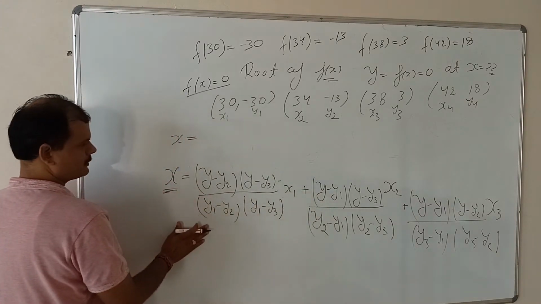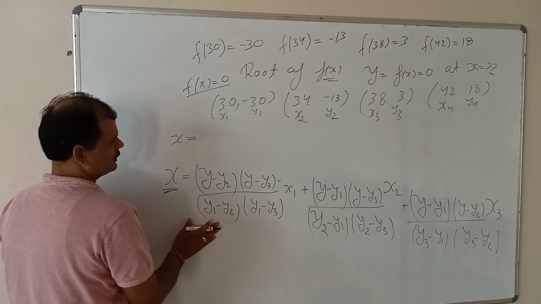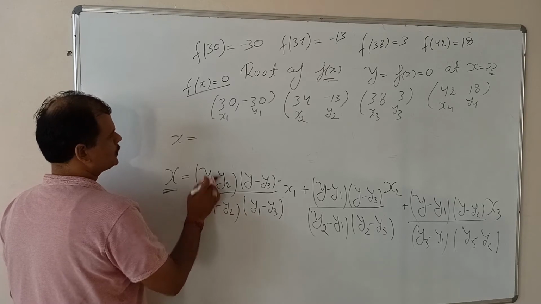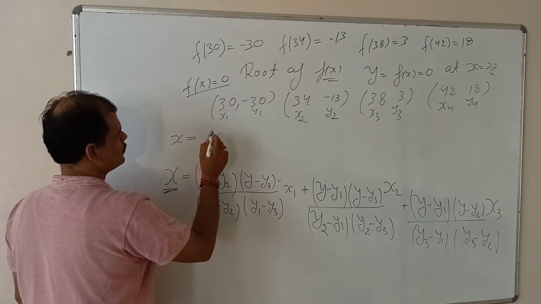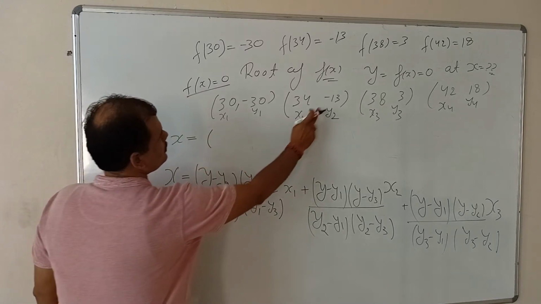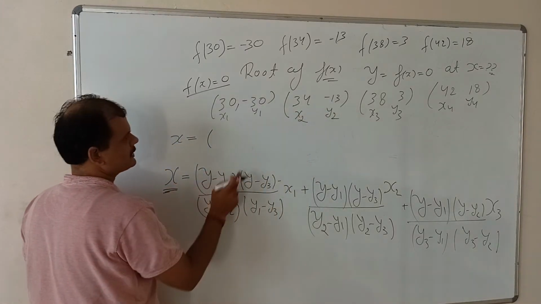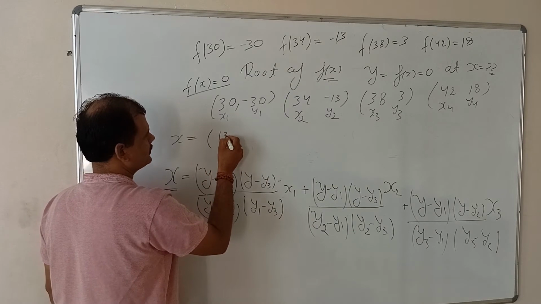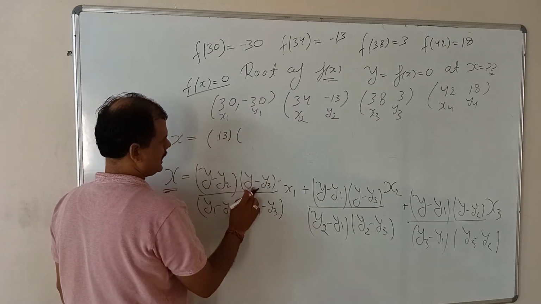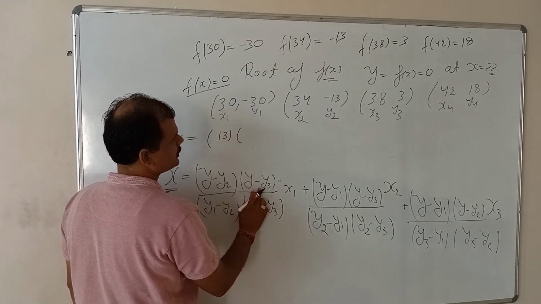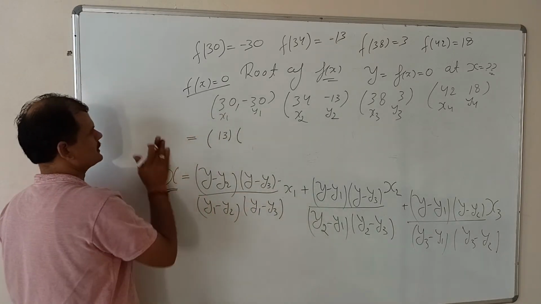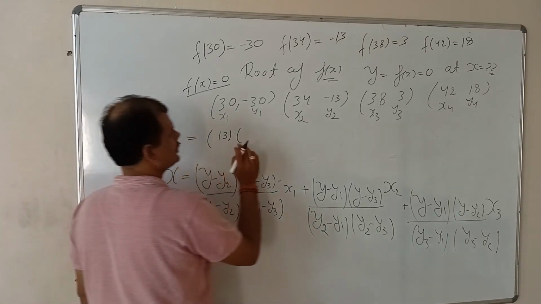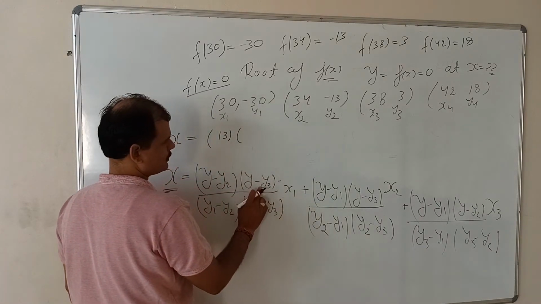The first term is y minus y2. What is y2? Y2 is minus 13, so it will be 13. And y minus y3.